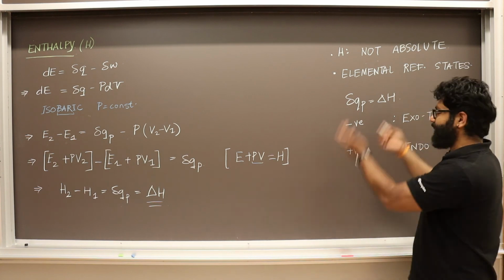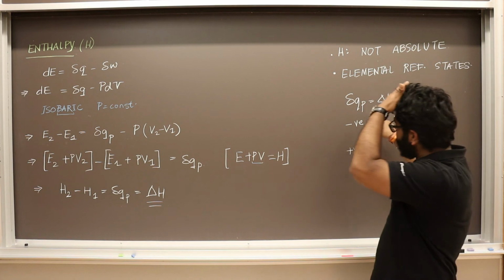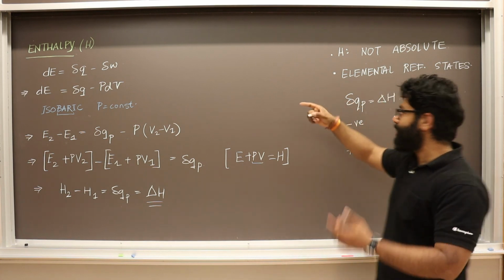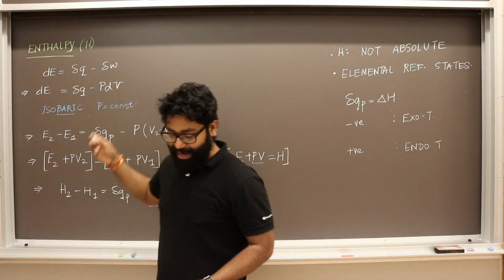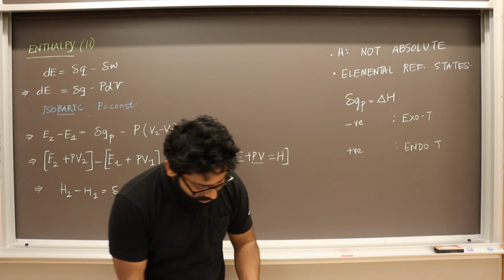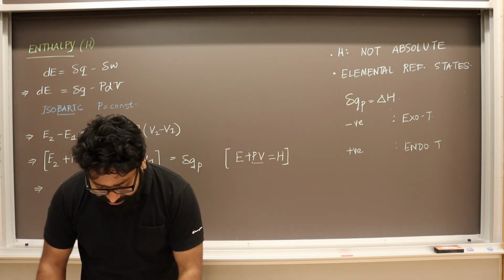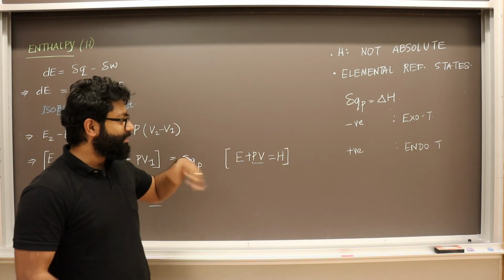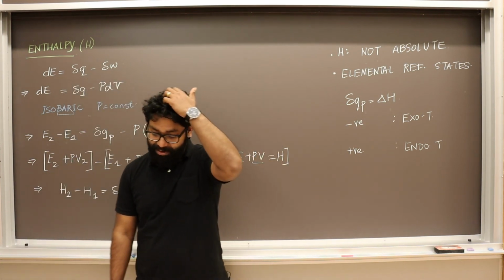Positive, endo, increases energy, right? So del QP and del H are the same thing. Del H is basically QP, the Q at a constant pressure.